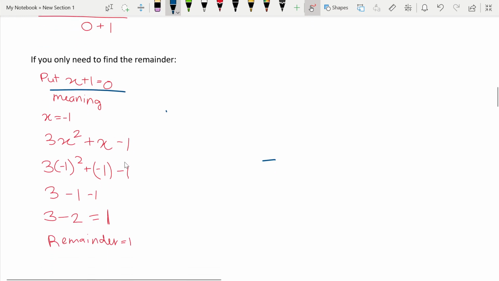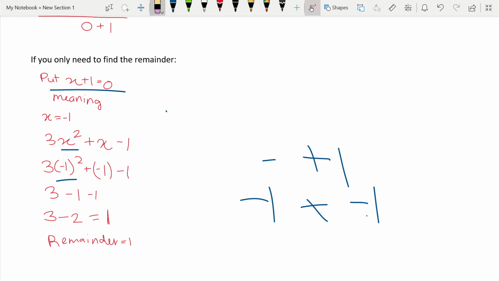So now we've got 3x squared plus x minus 1. Now you replace the x with minus 1. So it's going to be 3 times (minus 1) squared plus (minus 1) minus 1. Minus 1 squared is basically 1, because minus 1 times minus 1, minus minus, is plus.